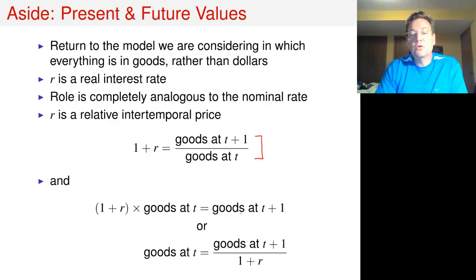Going through the same manipulations, the value of goods at t plus 1 is equal to the value of goods at t times 1 plus the interest rate. Alternatively, the present value of goods today equals the value of goods in the future divided by 1 plus the real interest rate.